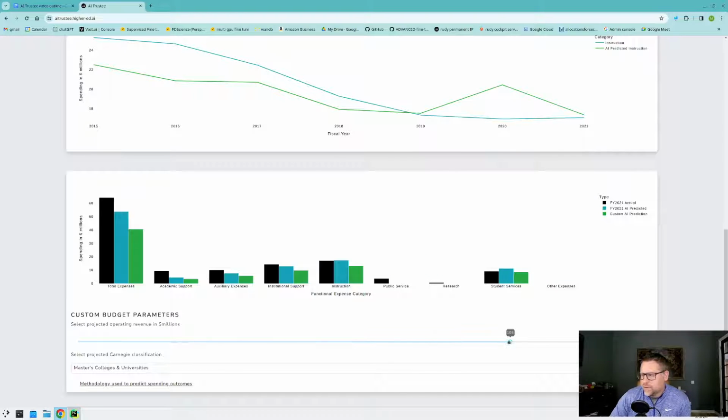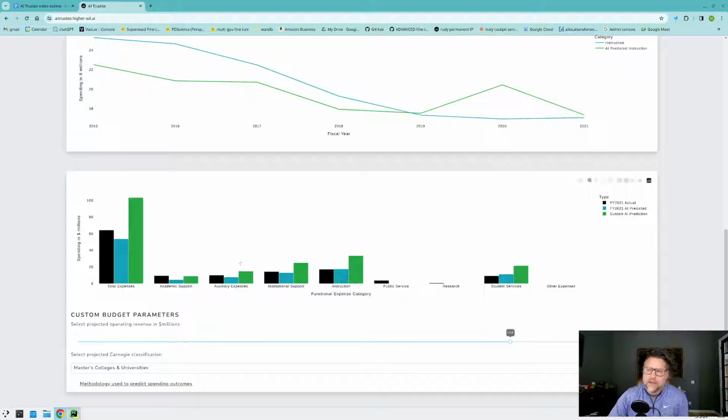Or if you're expecting to get a bunch of revenue coming in the future, you're going to spend a lot more, right? If you expect your revenue to be 108 million, you probably should target your overall spending at 103 million and allocate this much money to each functional category. That's what the AI is saying. That would be normal spending for that amount of revenue and your other characteristics. So that's how you use this model.